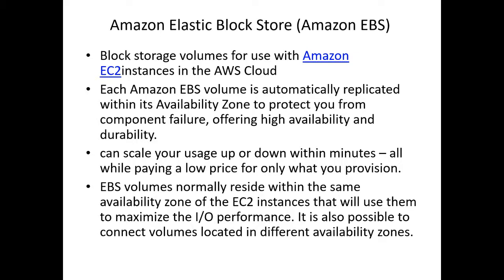It provides a highly available and highly reliable storage volume, particularly suited for applications that require a database, file system or access to raw block level storage, created in a particular availability zone and can be from 1 GB to 1 terabyte in size. Once a volume is created, it can be attached to any Amazon EC2 instance in the same availability zone.